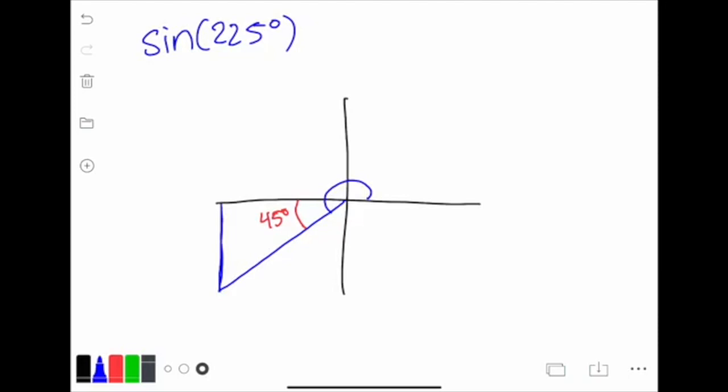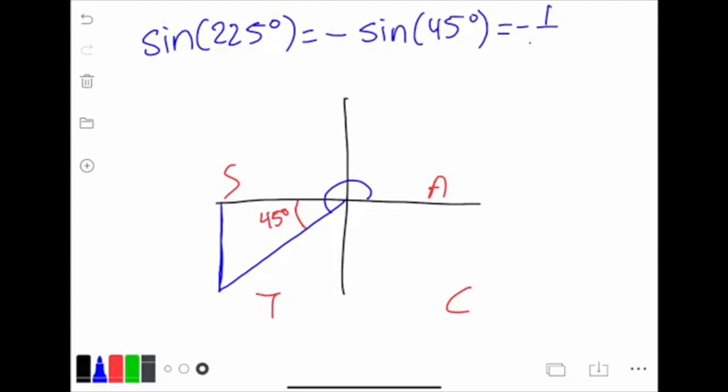So, because of my mnemonic device, all seniors take calculus, I know that only tangent would be positive in the third quadrant. So sine is not tangent, therefore I know that this is going to be the same thing as negative sine of 45 degrees, which would be negative 1 over square root of 2, or negative square root of 2 over 2, whichever way you want to remember that.